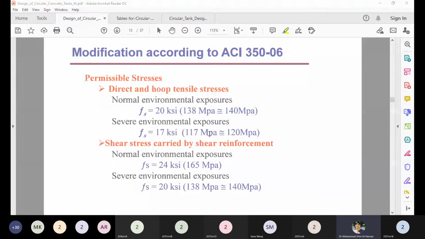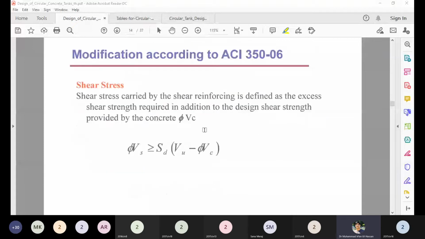And when you are designing the tank, you have to see these working stress values for the shear and the axial force. And what is the allowable shear stress or the critical stress that is carried by the reinforcement?